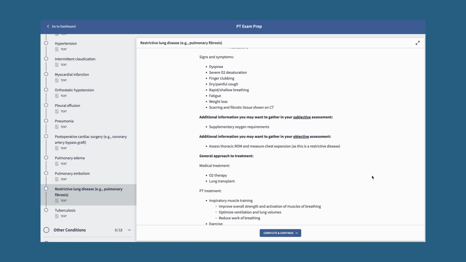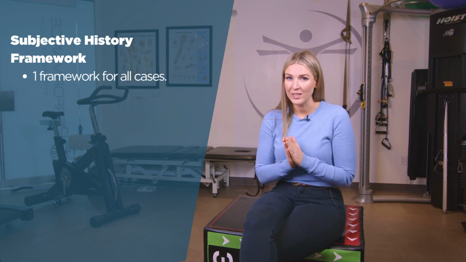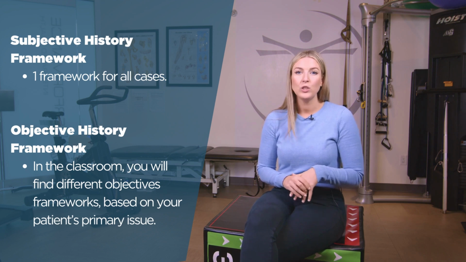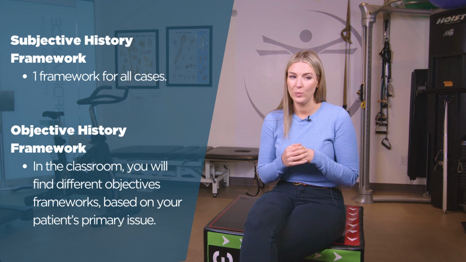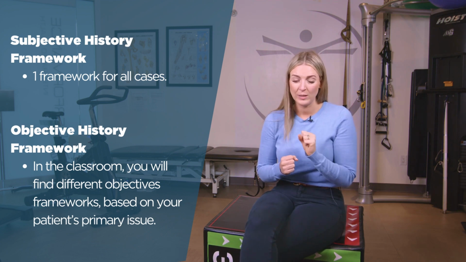Stick to the framework and look in the classroom to see if there is any additional information you'd want to ask. If the patient had pulmonary fibrosis, what objective information would need to be gathered? Okay, so we talked about our frameworks for the subjective, but when we are doing our objective, we have broken it down a little. We have different objectives based off of what your primary issue is. So we have an MSK objective, a neuro objective, and a cardio-resp objective.